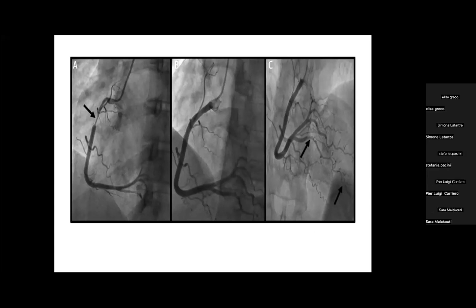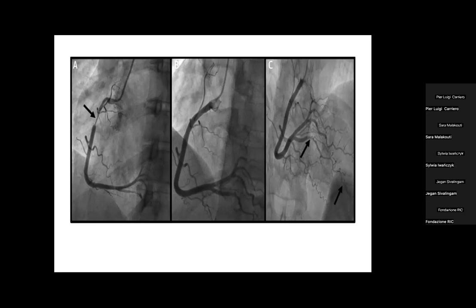Yes, two things come to mind. This definitely looks like a spontaneous coronary artery dissection, but it may mimic coronary artery vasospasm, as very nicely explained in the picture, that after giving intracoronary nitrates, it went away. So very clearly.